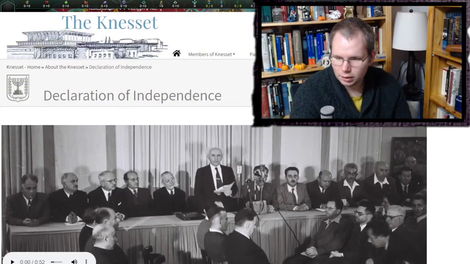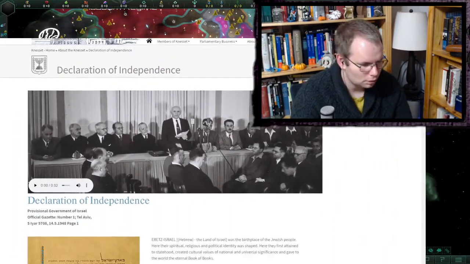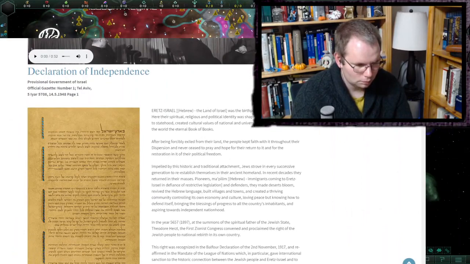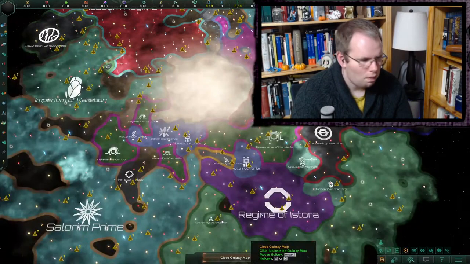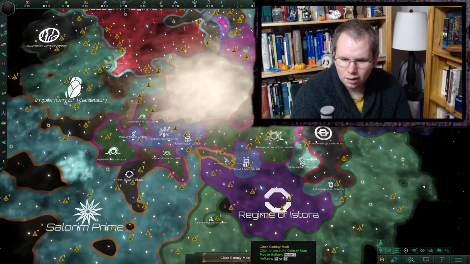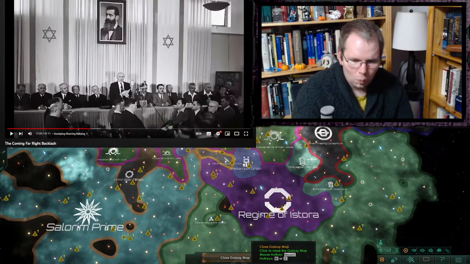This is the Israeli Declaration of Independence. This is the Provisional Government of Israel. I see. What does he mean by this, folks?